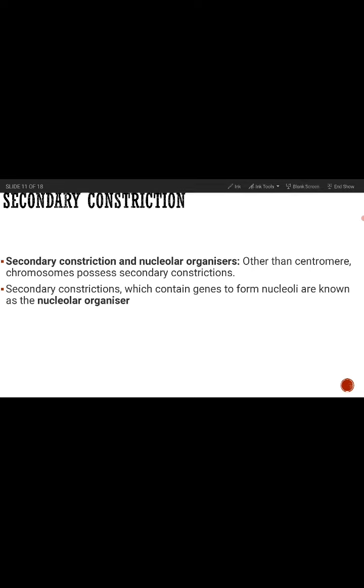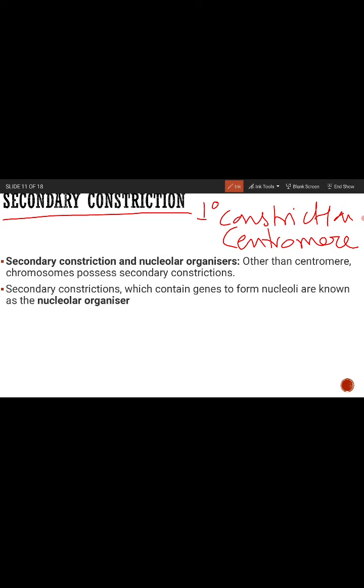Now, secondary constriction. Primary constriction was the centromere. Now we are going to talk about the secondary constriction and nucleolar organizers. Other than the centromere, a chromosome possesses secondary constrictions as well.